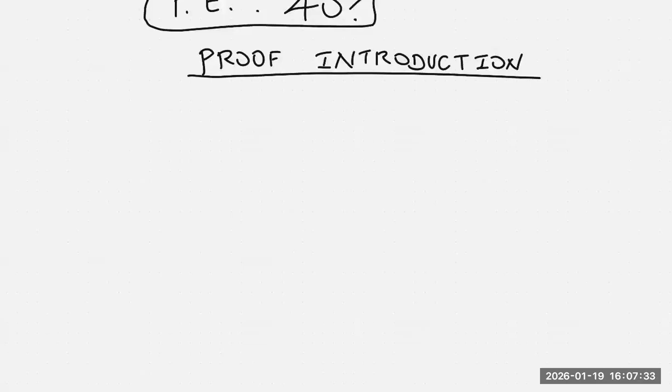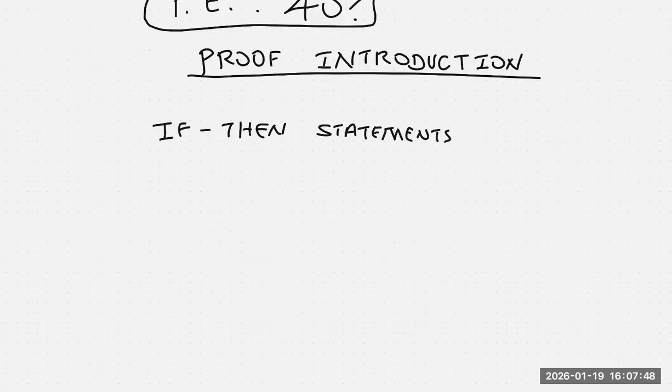All right, so the first thing we need to know: we have some statements, if-then statements, that we need to prove. Now, in these if-then statements, whatever comes after the if is what you call your hypothesis.